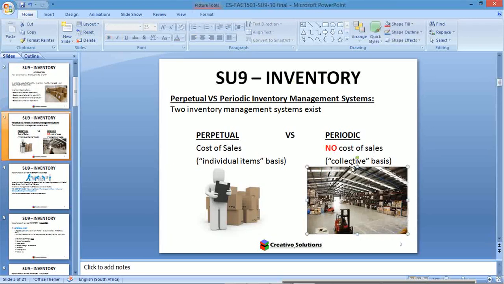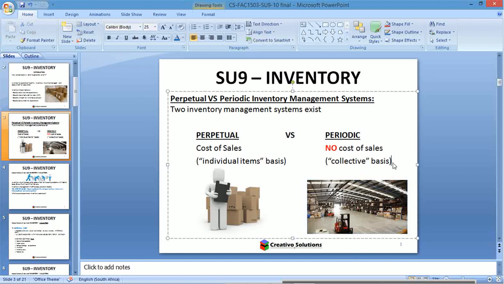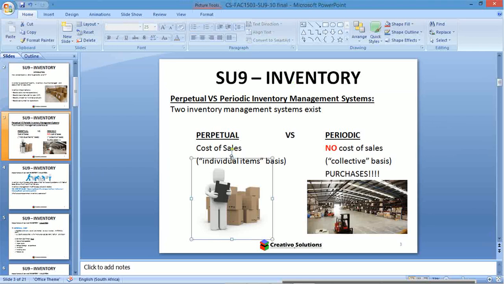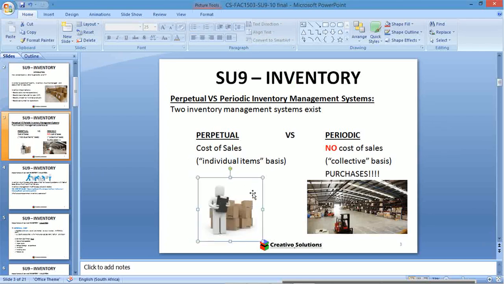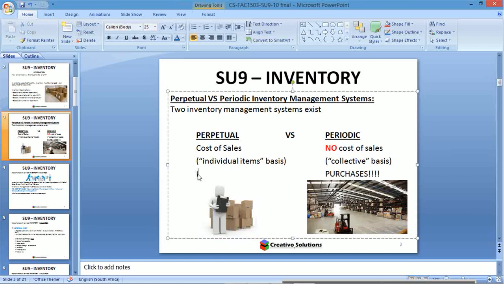Okay, so periodic, purchases, inventory. Okay, so that's what we need. That's the key. That's what you need to learn.